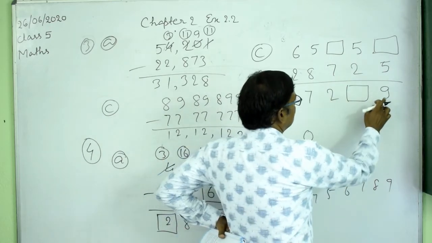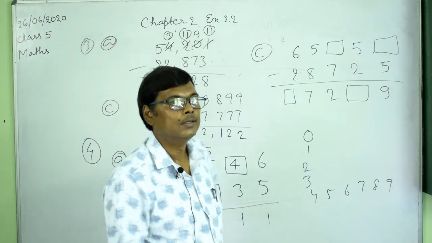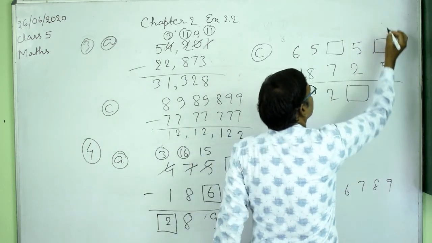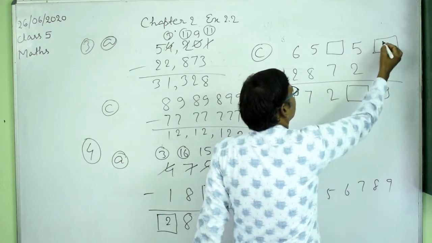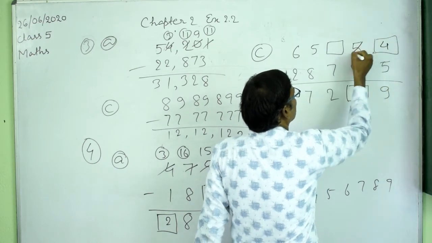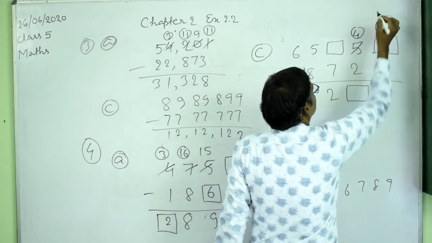Now you know that 9 plus 5 is what? 9 plus 5 is 14. So it means that if you write here 14, that is, you will write 4 here and then you will borrow 1 from this, then here it will be 14.